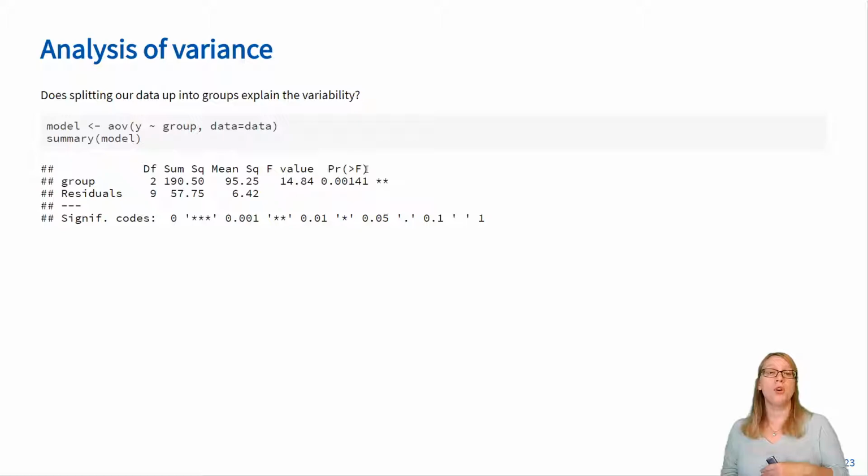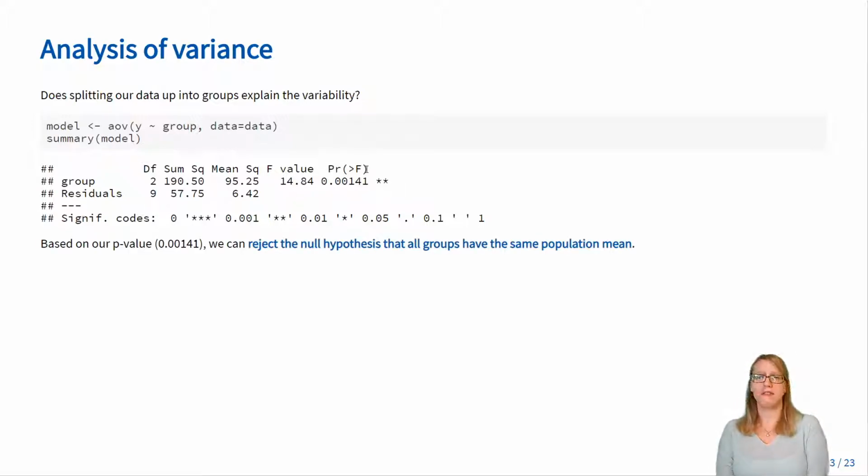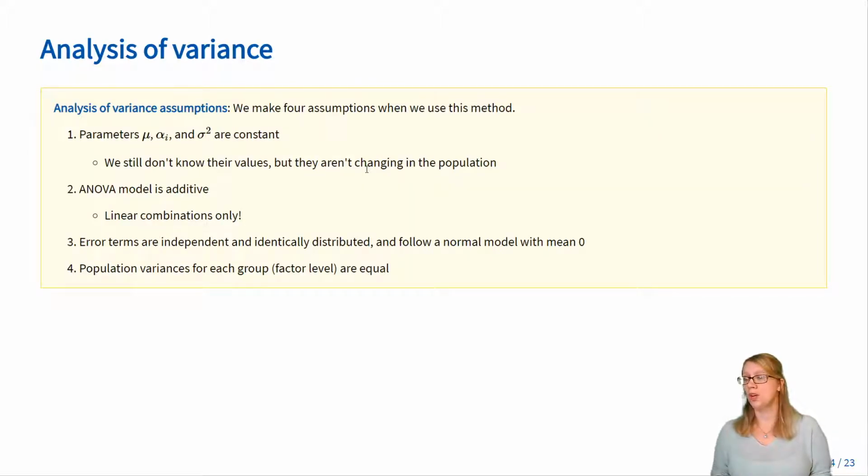In this example, we have a low p-value, which indicates strong evidence against our null. So at least one of these groups is different from the rest. We can reject the null hypothesis that all groups have the same population mean. So that's the basic outline of how an ANOVA test will work.